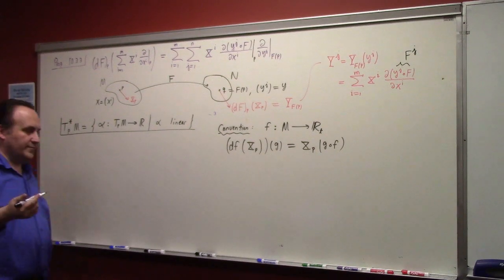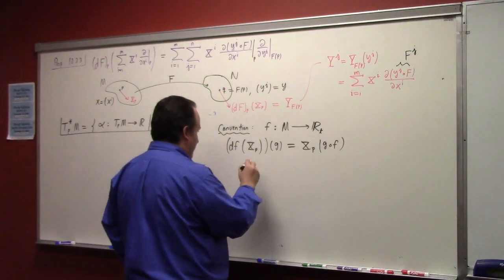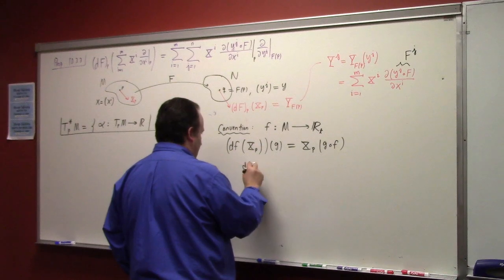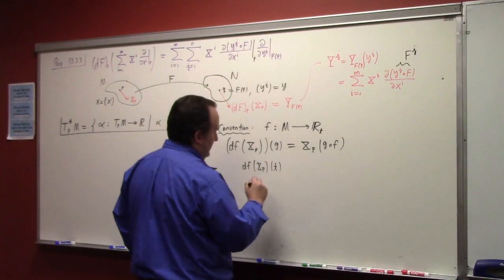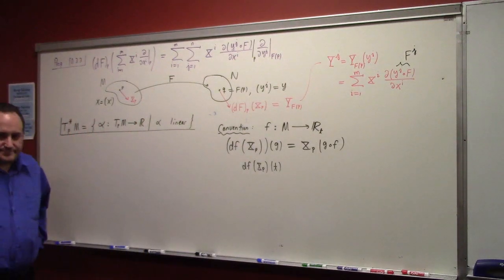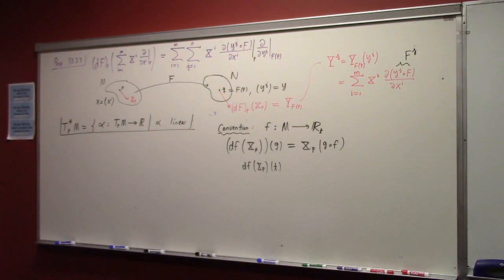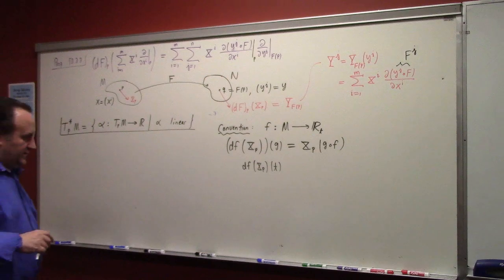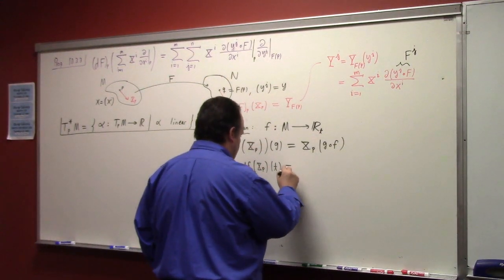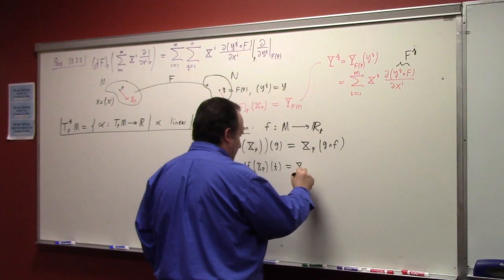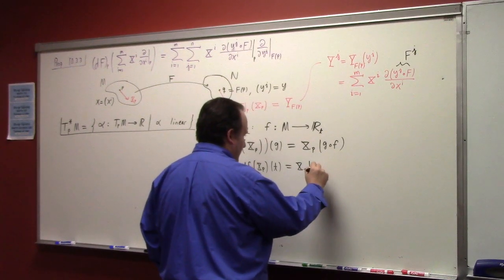But specifically, we can let it act on t, and that will give us xp of t composed with f.